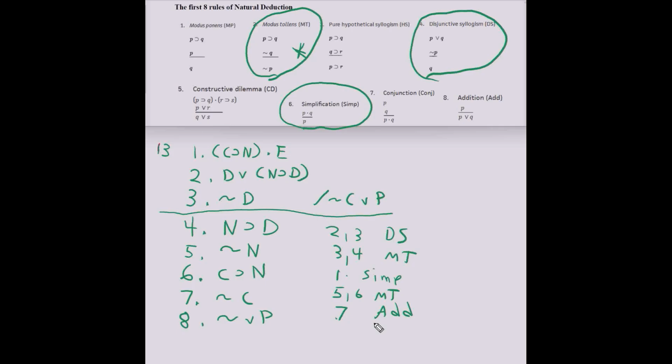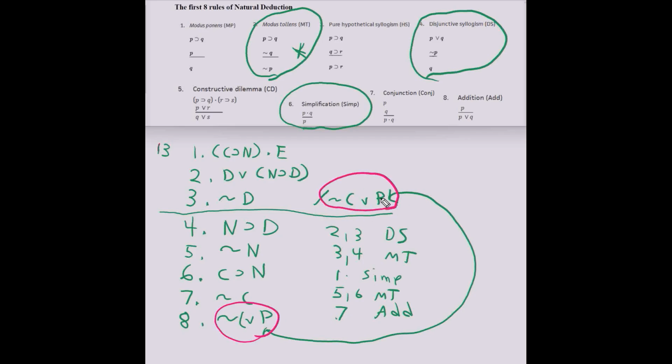Addition is that rule that lets us add anything to not C, which we already had, and what we need is or P because that's what we want to get. And you see now that this is identical to this, which means that we have in fact completed our proof.